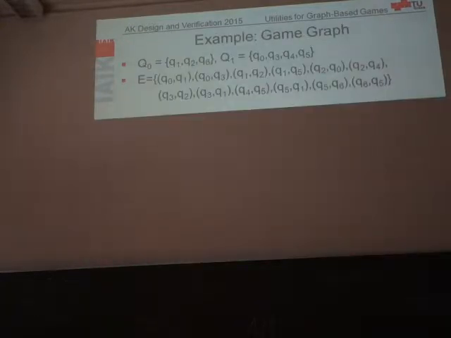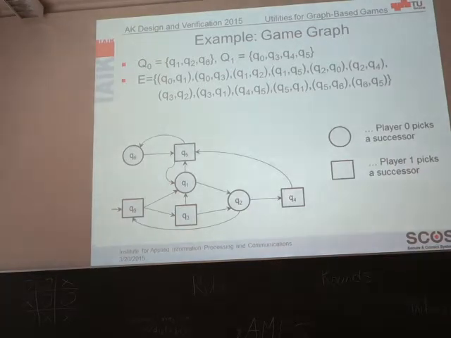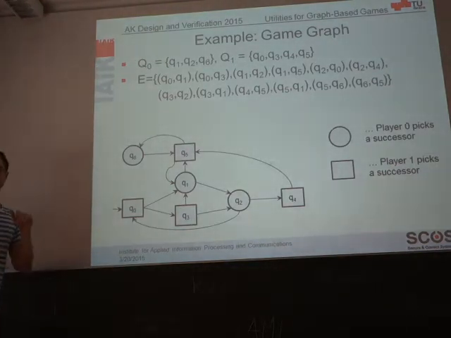Here is an example just to illustrate how these graphs look. Here I try to define it formally just by listing the set of states and listing all edges in this game graph, but usually we visualize such a game graph in this way. States that belong to Q0, so to player 0, we usually visualize as a circle.